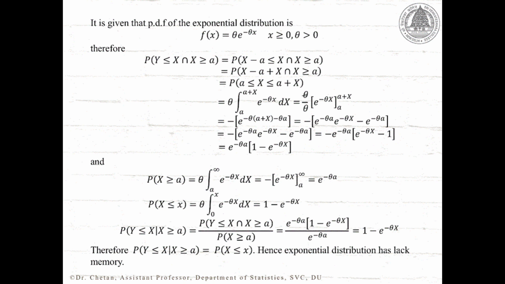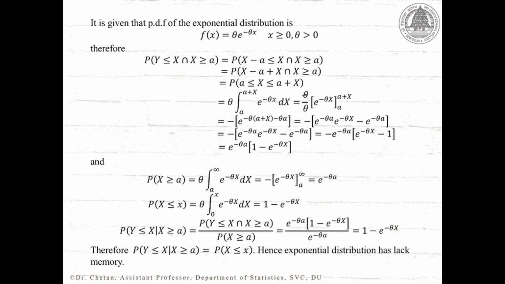Then we have the probability that y is less than or equal to x intersection x greater than or equal to a, which is equal to the probability of x minus a less than or equal to x intersection x greater than or equal to a.